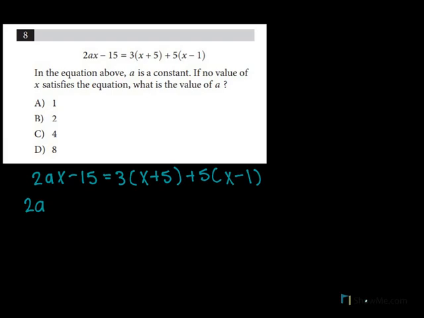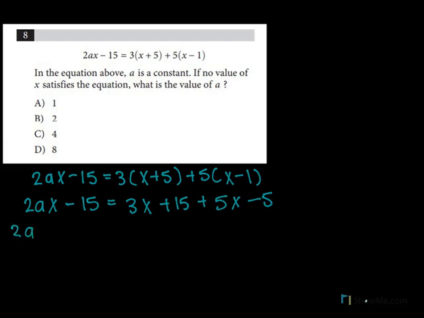So left hand will keep the same, 2ax minus 15 equals, and using the distributive property, 3 times x is 3x, and 3 times 5 is 15, and 5 times x is 5x, and 5 times negative 1 is negative 5.